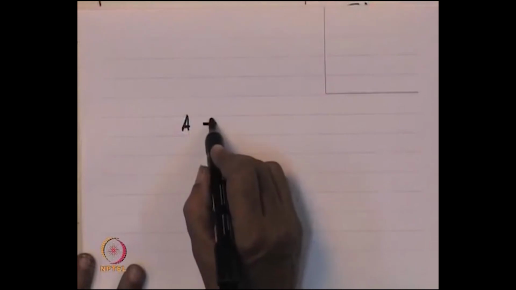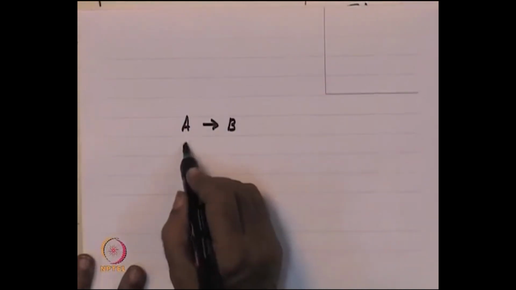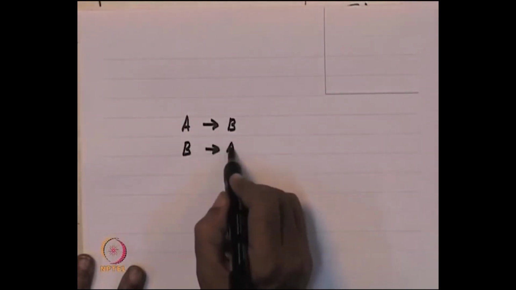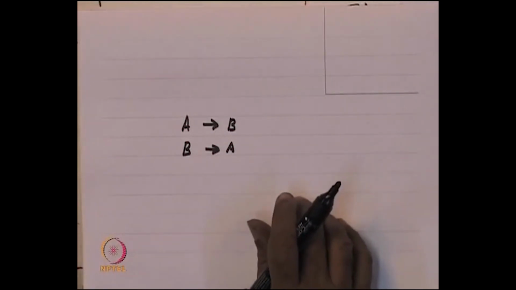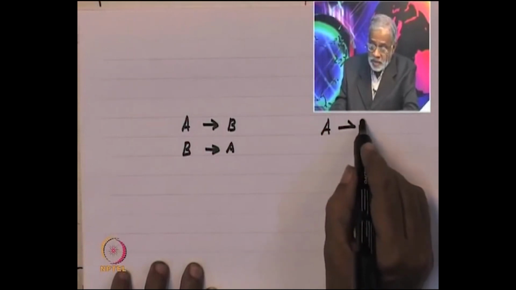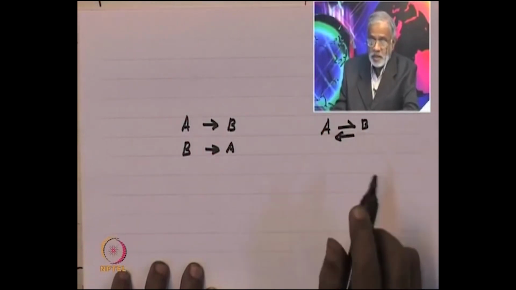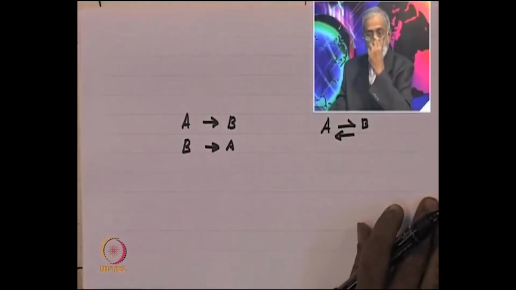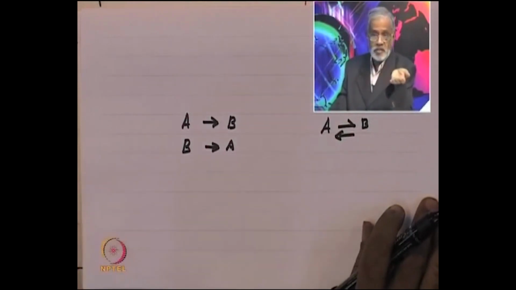Just to illustrate what I am saying, say for example you have a reaction A going to B and the reaction B going to A. What is meant by this? We are saying that this is actually a reversible reaction. That means the reaction can go in the forward direction, and it can go in the reverse direction.